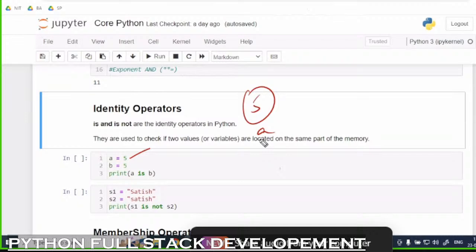Yes, both are not the same. True only. If I ask whether both are the same, it is going to say false. Whether S1 is equal to S2 means false. Both are different objects. I'm asking with is not. Not means I'm only saying that both are not equal. Yes, both are different objects. Correct. So the output you are going to get is true. Is that clear, guys? Identity operators. Any questions on identity operators?